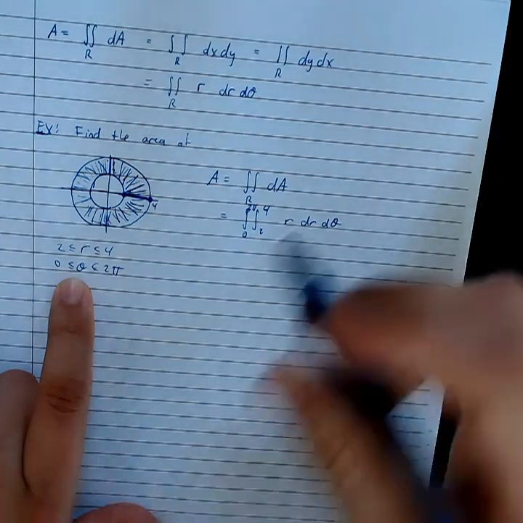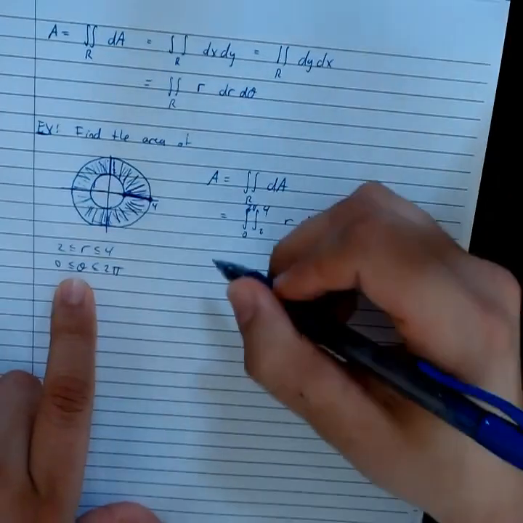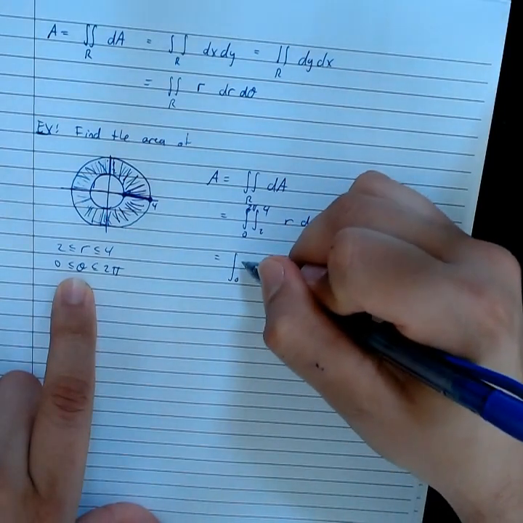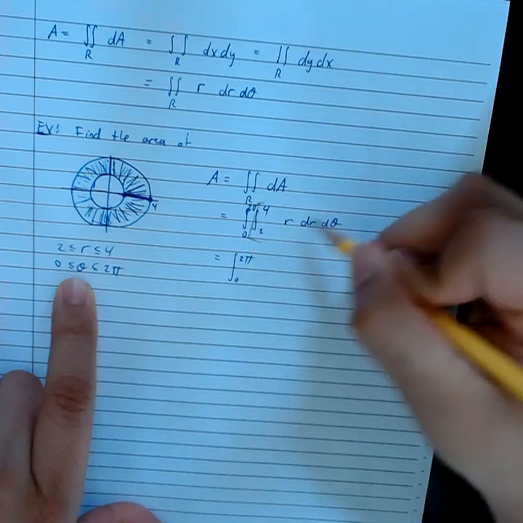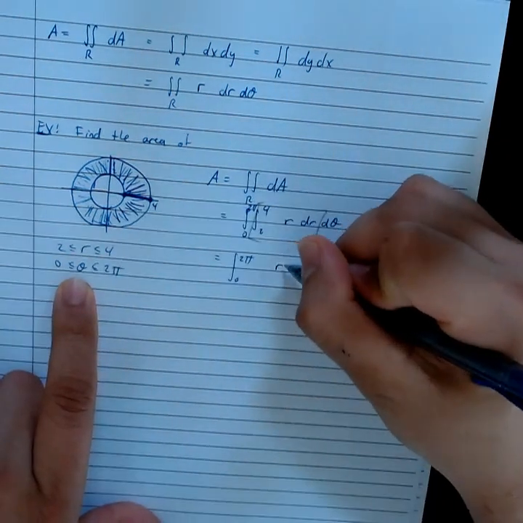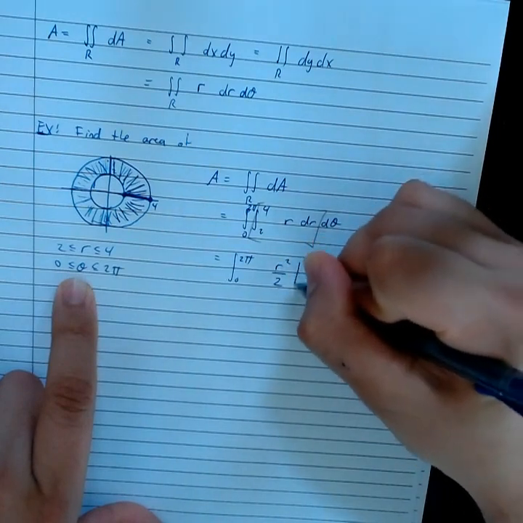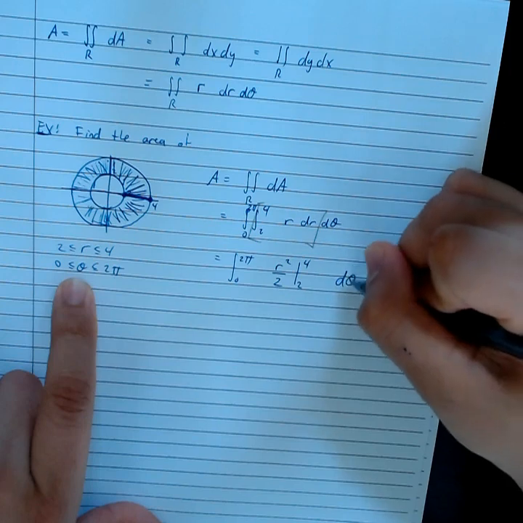Just like that. If we take the antiderivative of r with respect to r, we haven't done the integral from 0 to 2 pi yet, we're just doing this one first. That's going to give us r squared over 2, evaluated from 2 up to 4. Just like that.